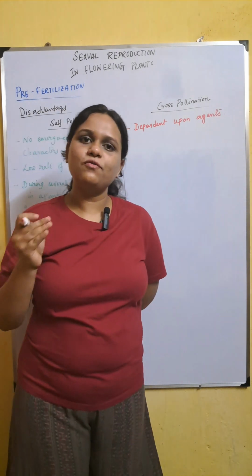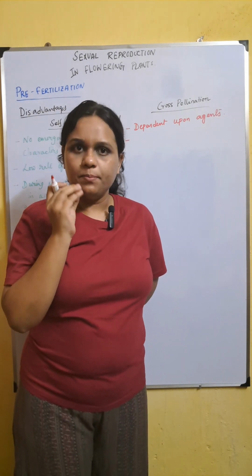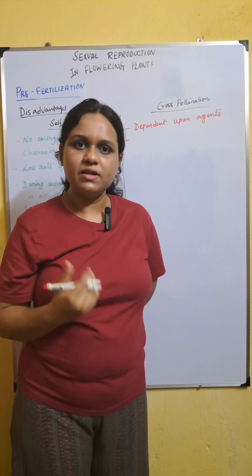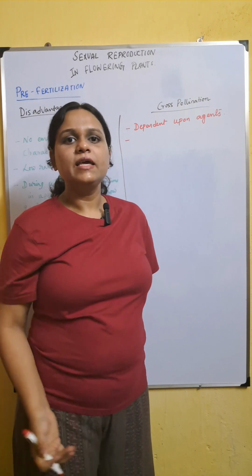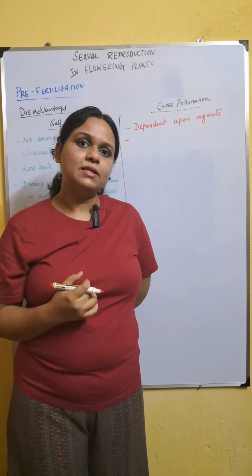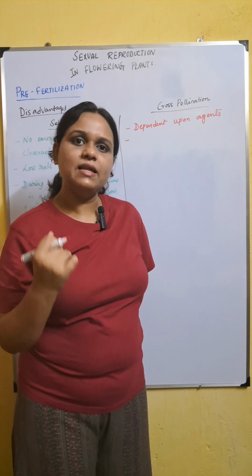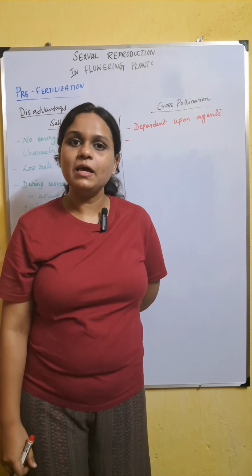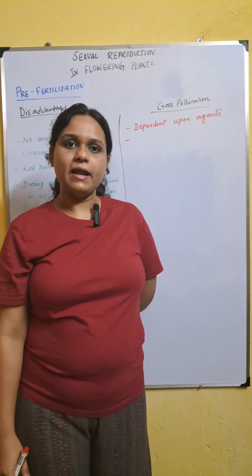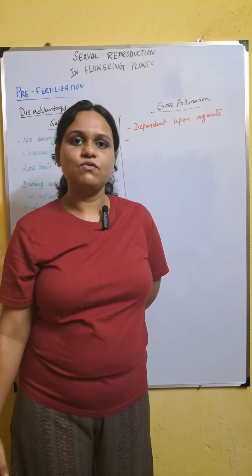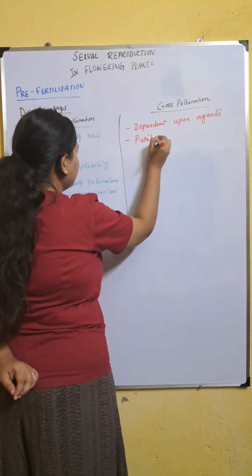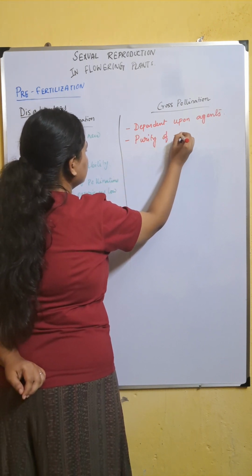If no insect, no bird, or whatever agent is required by the plant comes, the plant will not experience any kind of pollination or fertilization. So it will be a very bad situation for the plant. The purity of the race is lost.